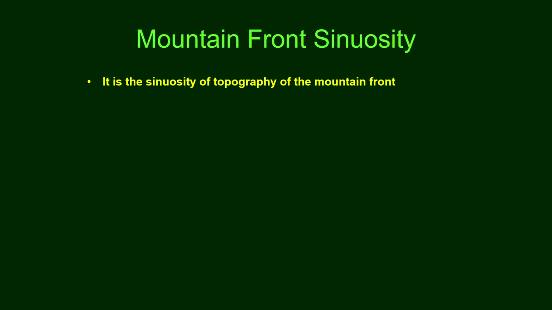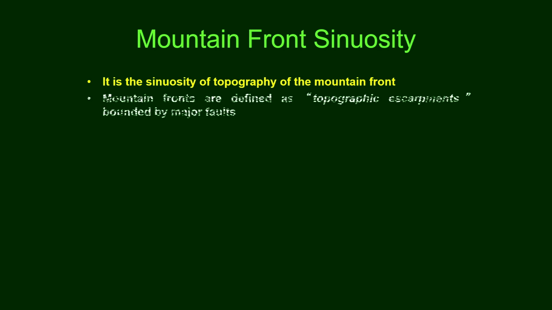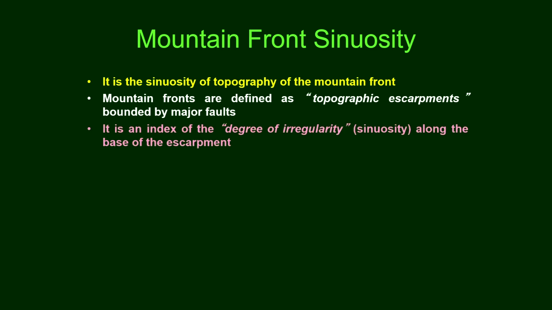Mountain front sinuosity is the sinuosity of topography of the mountain fronts. Mountain fronts are defined as topographic escarpments bounded by major faults. It is an index of the degree of irregularity, that I was talking about, whether it is straight or not.